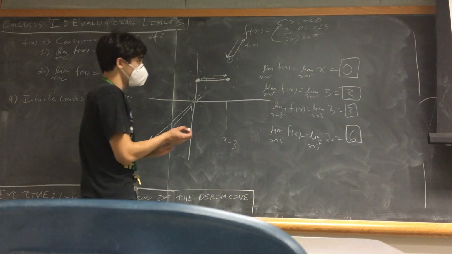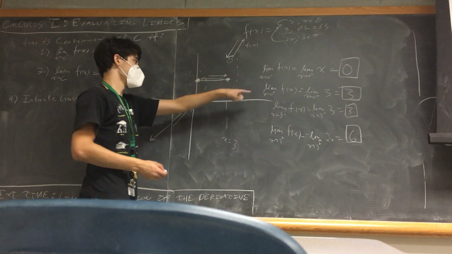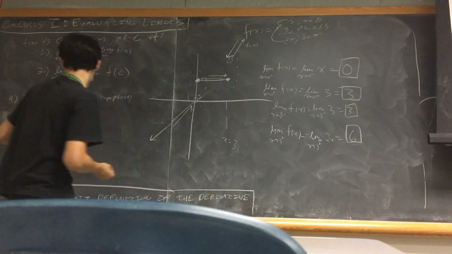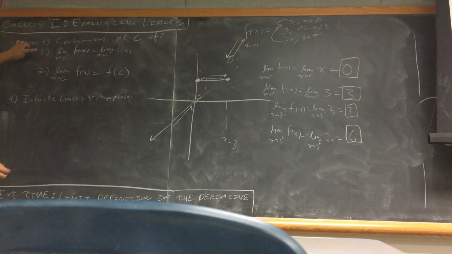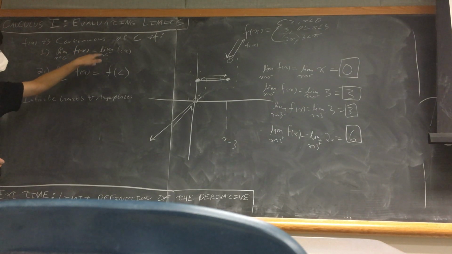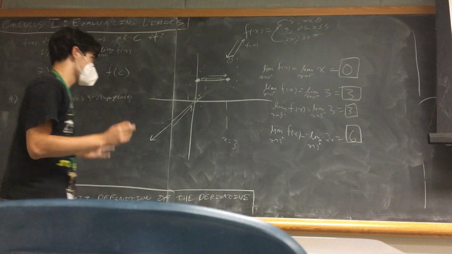So we looked at the limit as x approaches 0 from the left was 0, and the limit as x approaches 0 from the right was 3. Does this fit our first requirement for continuity? Does the limit as x approaches c from the left of f of x equal the limit as x approaches c from the right of f of x? No, in this case it does not.